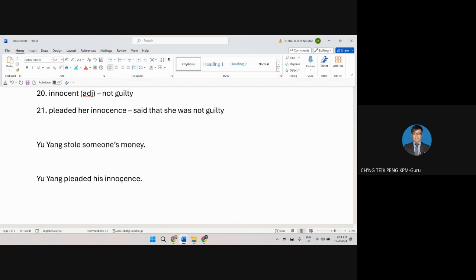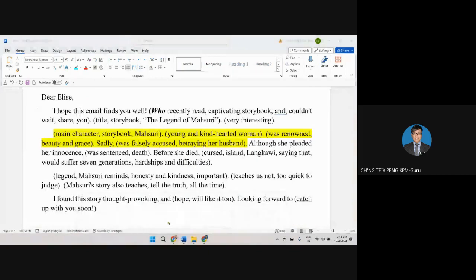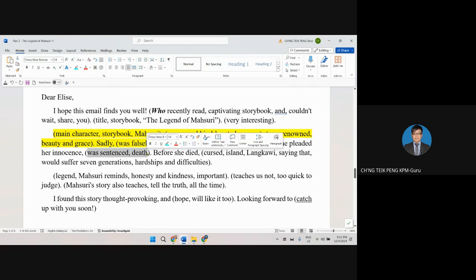You didn't do anything wrong. It's a very good phrase we use in daily life. Plead his innocence, plead her innocence, I plead my innocence.